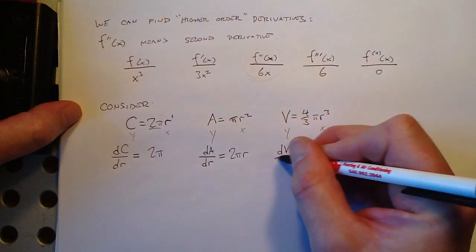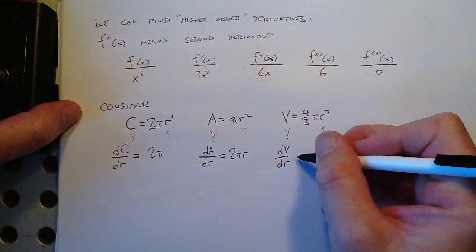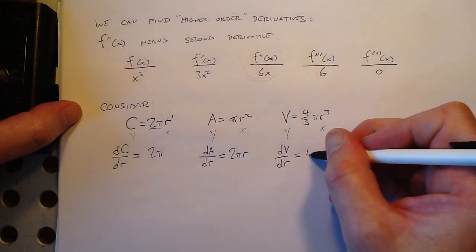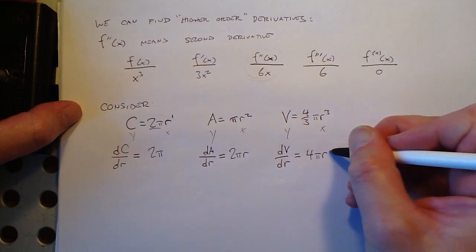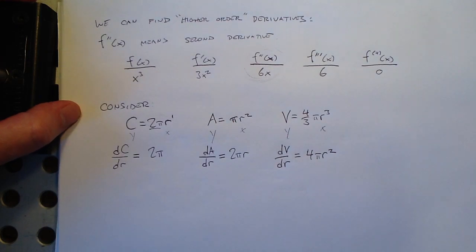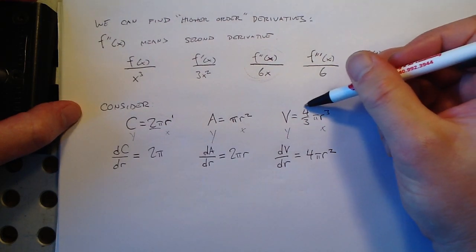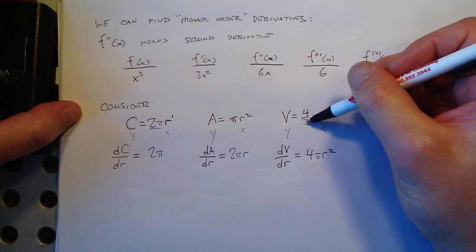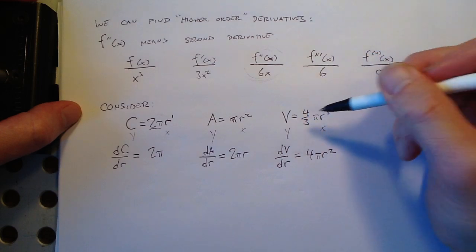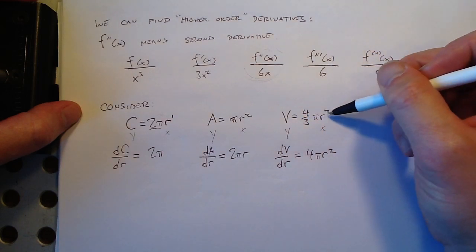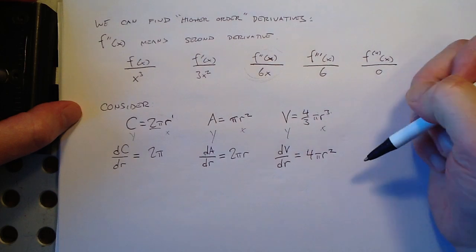So we'd write dv dr is equal to 4 pi r squared. The 3 multiplies out to the front, and 4/3 times 3 is just 4 pi r squared. The exponent drops by 1.